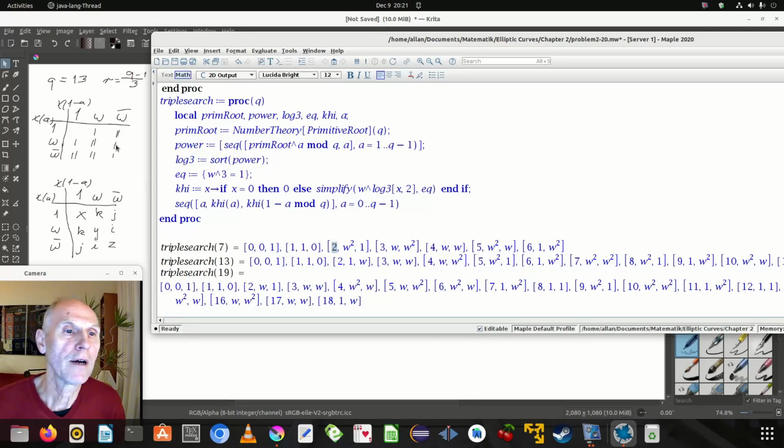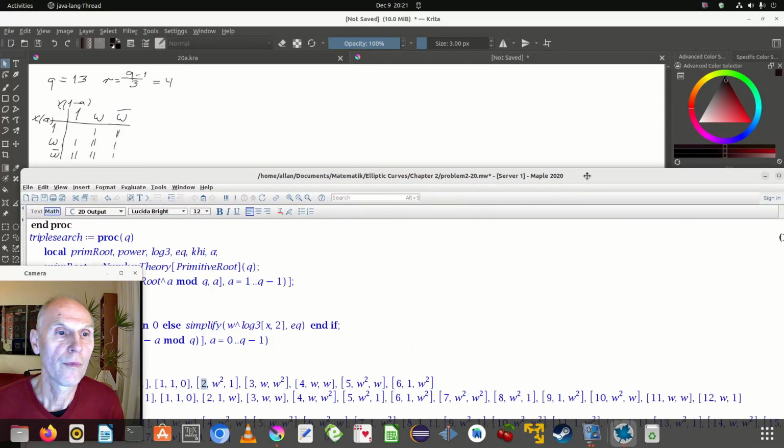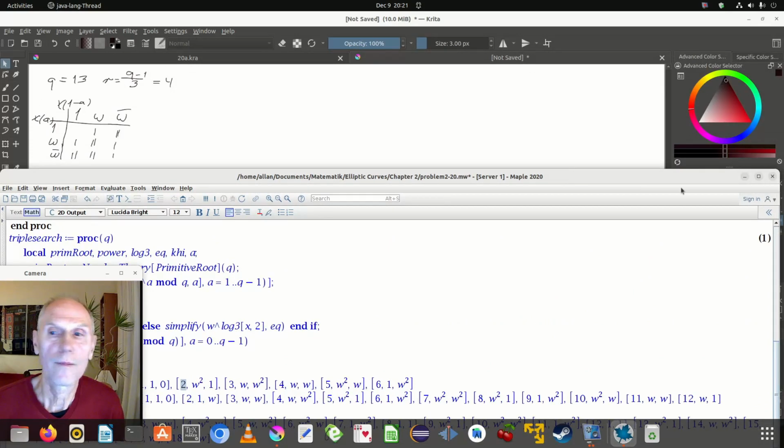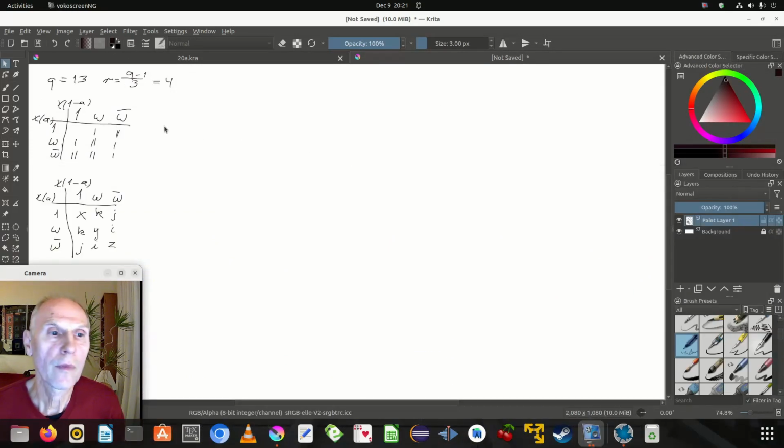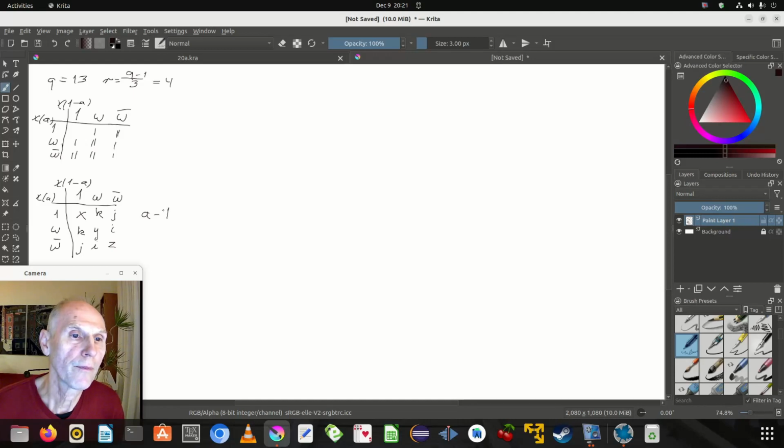Omega, omega bar, we mark there, etcetera. We notice that the sum gives r minus 1, sorry.